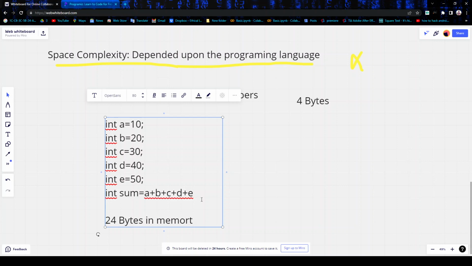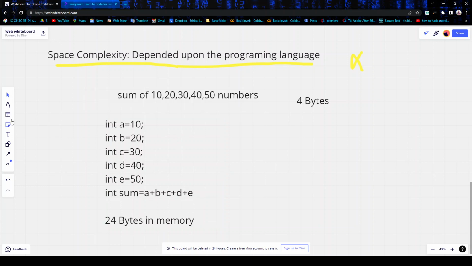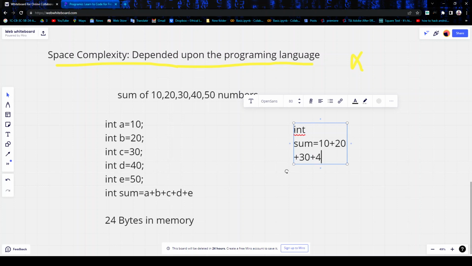Now, let me change the approach and do the sum here. Rather than instantiating these values, I will just write int sum, and I can write it directly. I can write it in a single statement, that is 10 plus 20 plus 30 plus 40 plus 50.